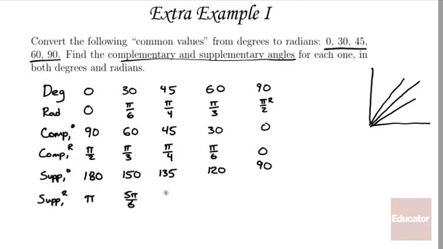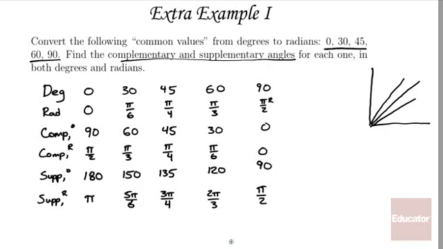Pi over 4 plus 3 pi over 4 adds up to pi. Pi over 3 plus 2 pi over 3 adds up to pi. And pi over 2 plus pi over 2 adds up to pi.